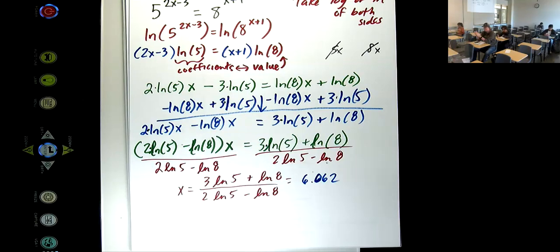I got 6.6. See if you guys get the same amount. You should, because these are notes that I wrote up like 3 years ago with a different calculator, and I still got the same answer.